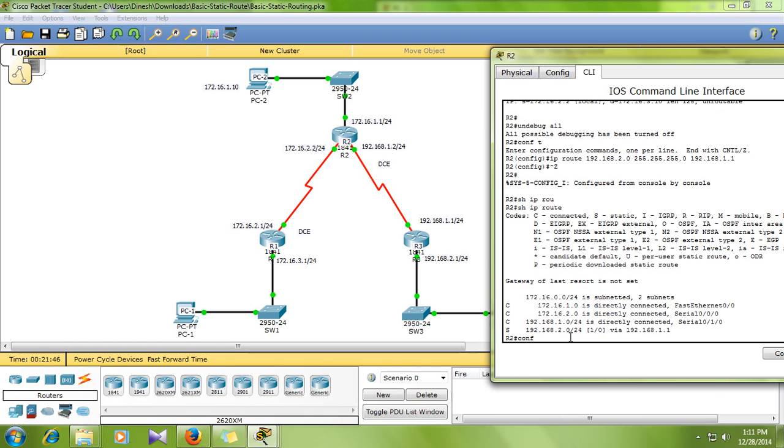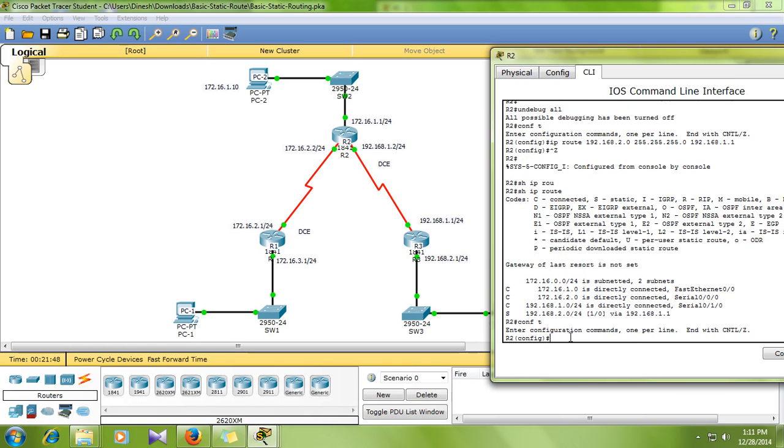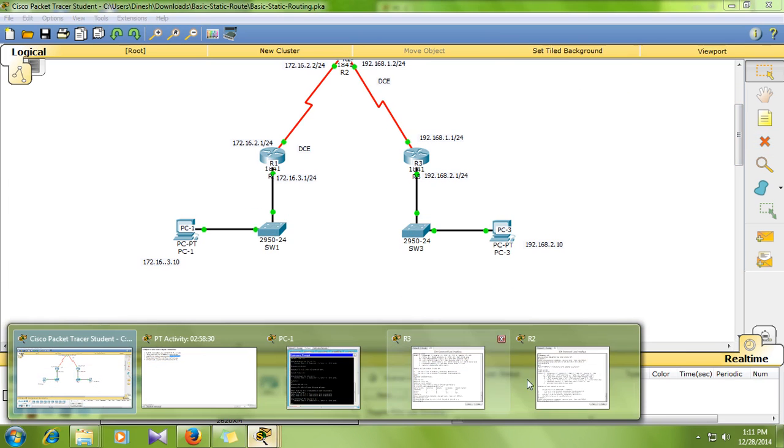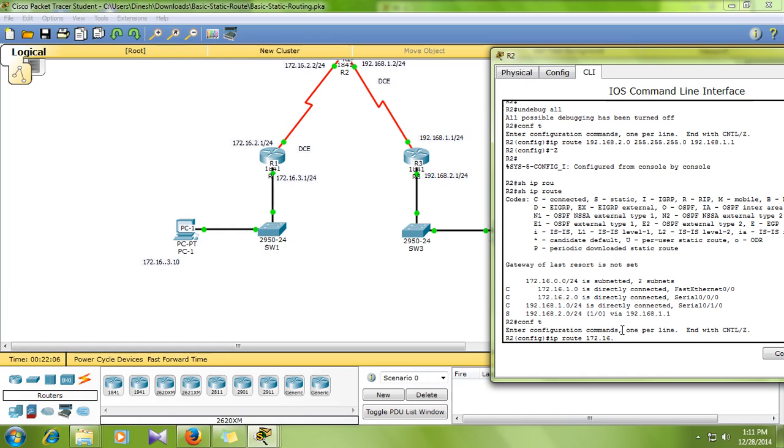Configure the ip route 172.16.3.0. If you want to reach 3.0, 255.255.255.0 with exit interface.